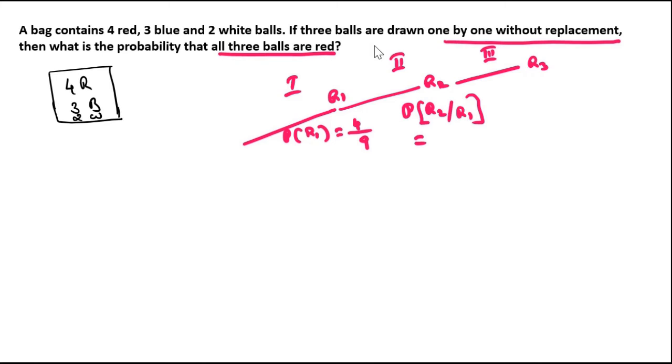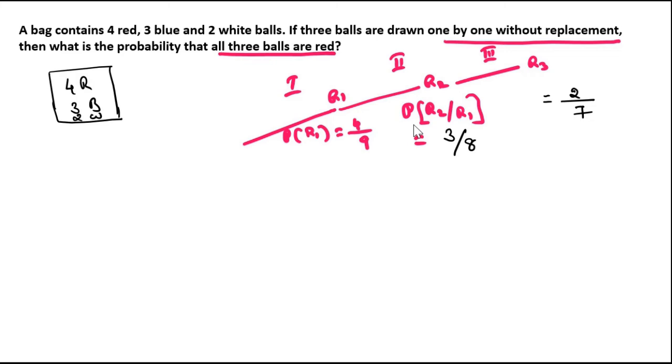One red is gone. How many reds remain? 3. Total balls instead of 9 become 8, because 1 is already taken out. Now 2 balls are gone. How many red balls do you have? 2 red balls. R3 means 2 red balls out of a total of 9 minus 2, so 7.